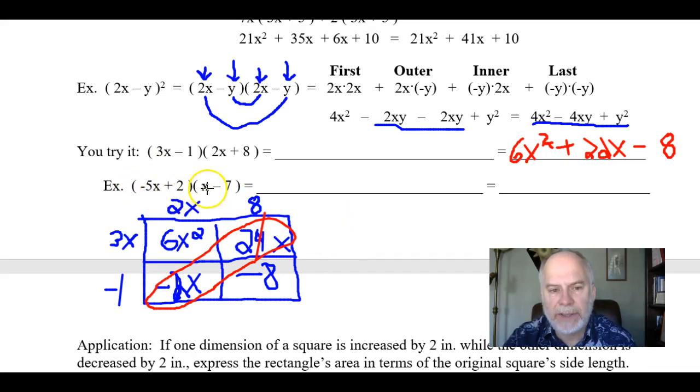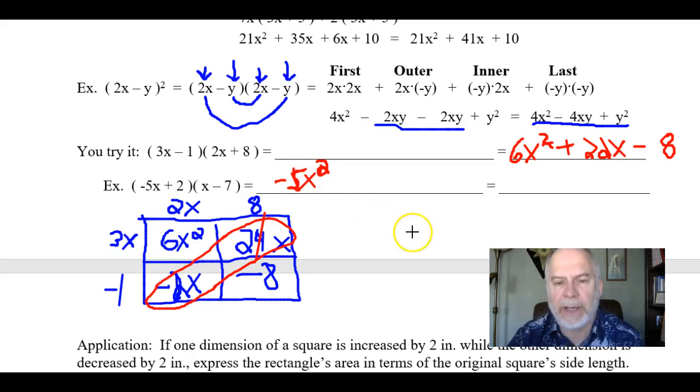So -5x times x is -5x squared. So that's supposed to be a -5. I'm experiencing a delay with my computer in writing this. Outside terms are positive 35x.